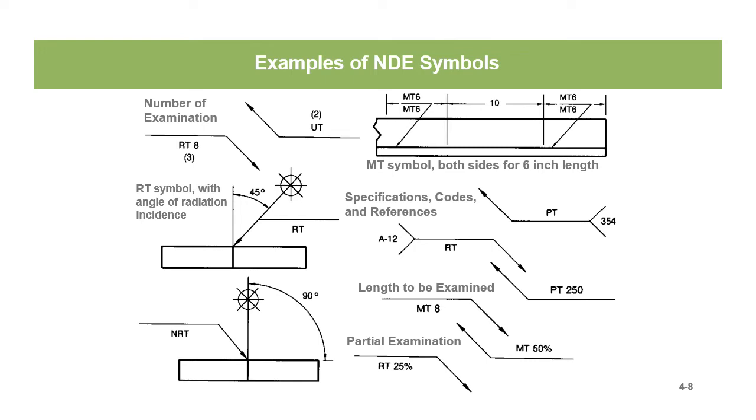You don't have to do it with a symbol; a lot of times there might be more information than can be put into one symbol, so you put a note there. And that's what the tail's for. I'm a big proponent of using the tail if there's extra information that needs to be relayed onto the welding and NDE people. You can have a note that's 2 paragraphs long. See note 14, and it tells the guy exactly what needs to be done and how you want it done. But these are some examples of NDE symbols.